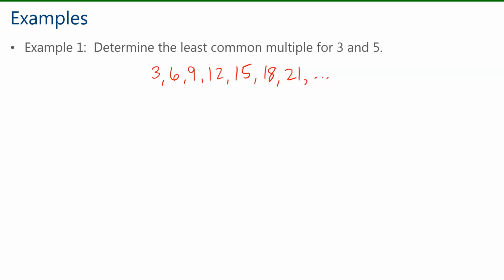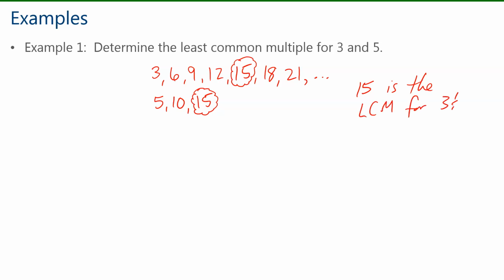So let's see. So 5, 10, nope, nothing in common yet. But when I put down the 15, I can stop, because now I have a number that's common in both lists. So what that means, 15 is the LCM for 3 and 5.